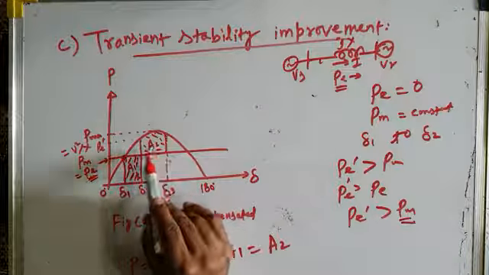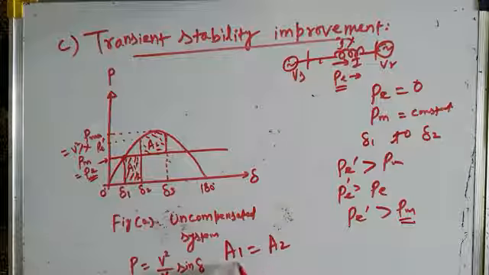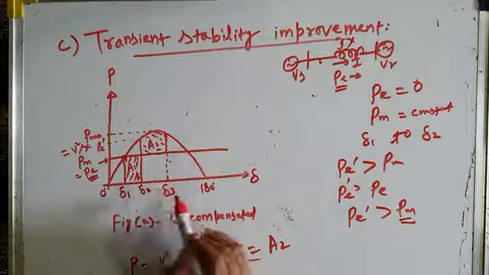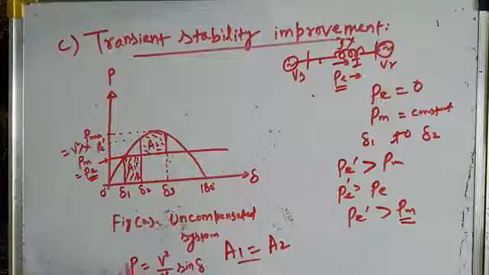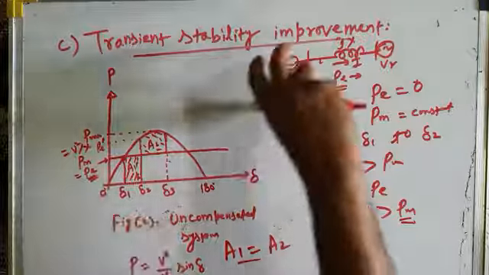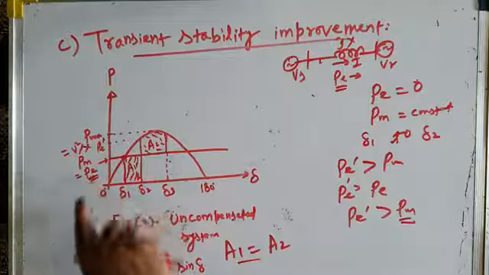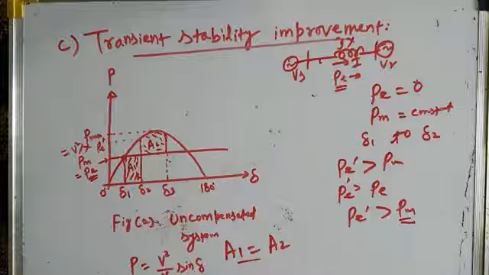As soon as this area A2 becomes equal to A1, as you can see, this area becomes equal to this, and that corresponds to delta equal to delta 3. The machine comes back to its steady state operation, and then it again starts transmitting power PE at this transmission angle, and PE becomes equal to PM again. So steady state operation is restored.